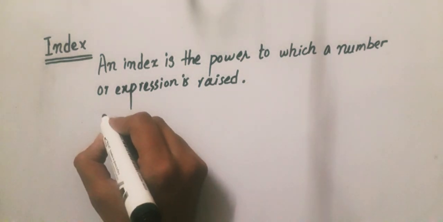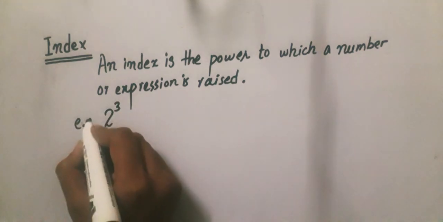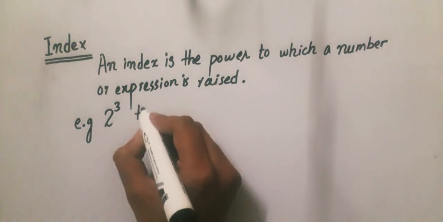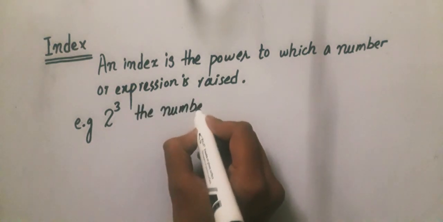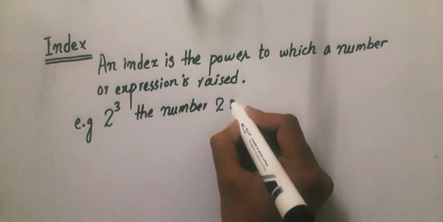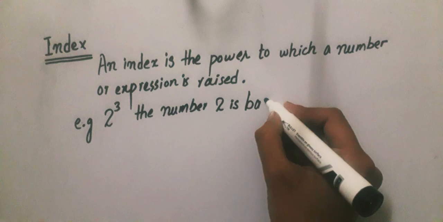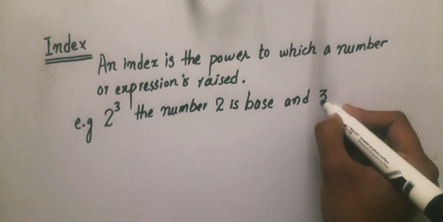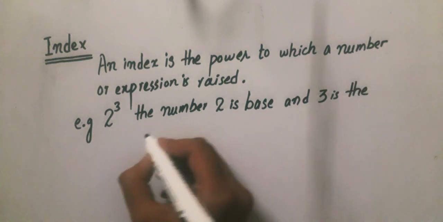For example, 2 power 3. The number 2 is the base and 3 is the exponent.